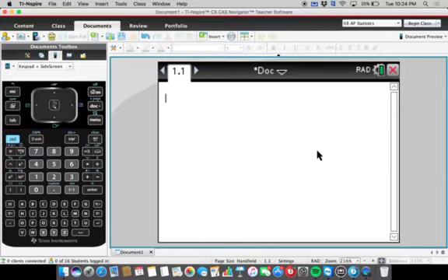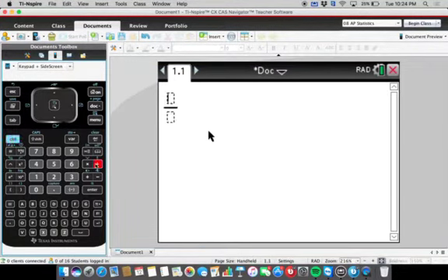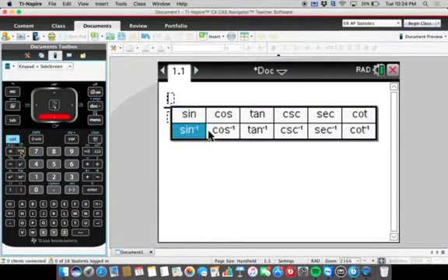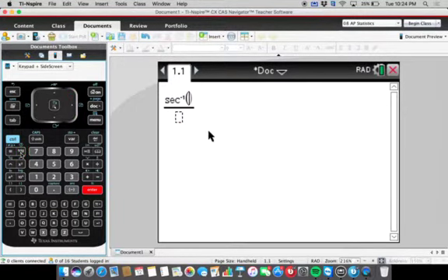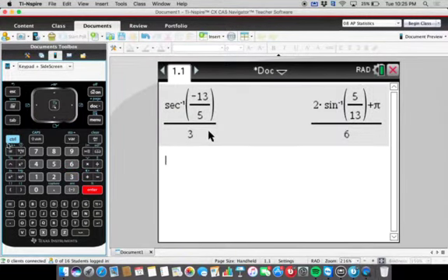Let's type in what we had: a fraction, with inverse secant of negative 13 over 5 in the numerator, divided by 3. Control enter to find the actual answer.